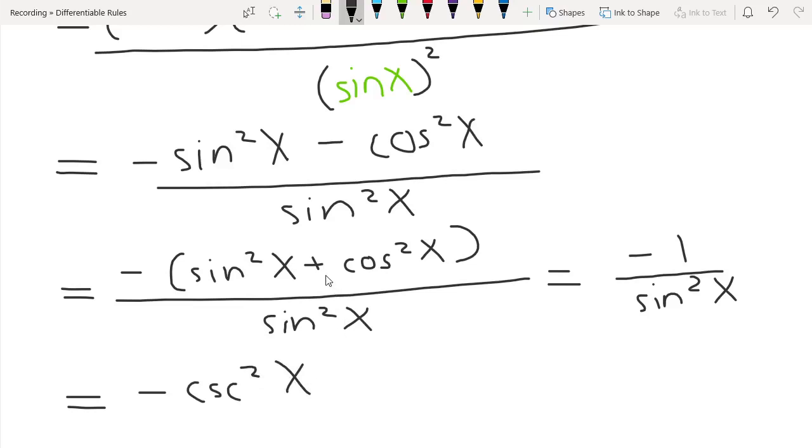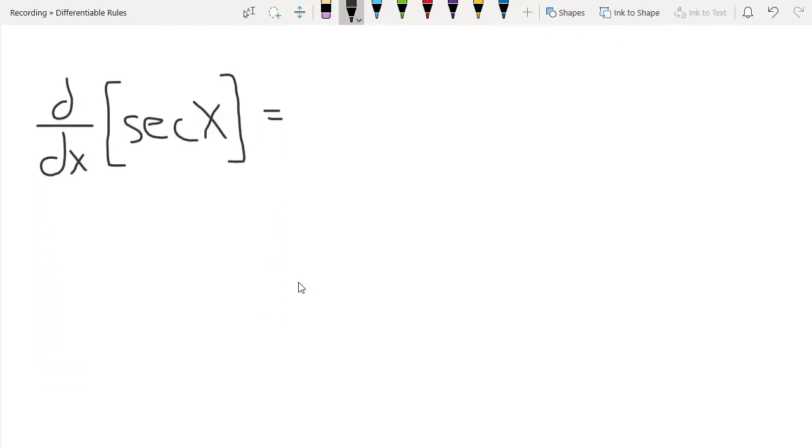Okay, so then there's just one more right here, or there's two more actually. So here we're asked to find the derivative of secant of x.